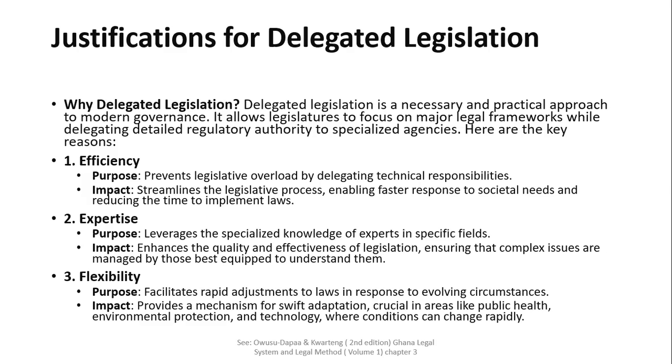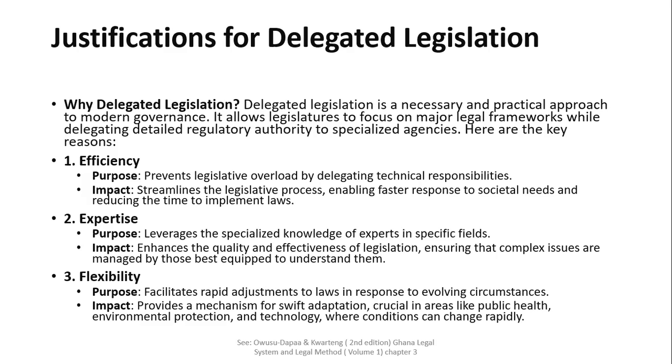And you notice that for delegated legislation, all that is required is that when the final draft is ready, it's gazetted, and when it's gazetted, it's also laid before Parliament. Parliament has a standing committee known as the Committee on Subsidiary Legislation, and it's their duty to monitor or oversee various delegated legislation.